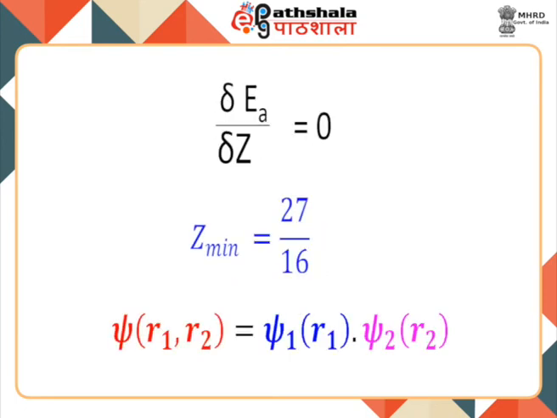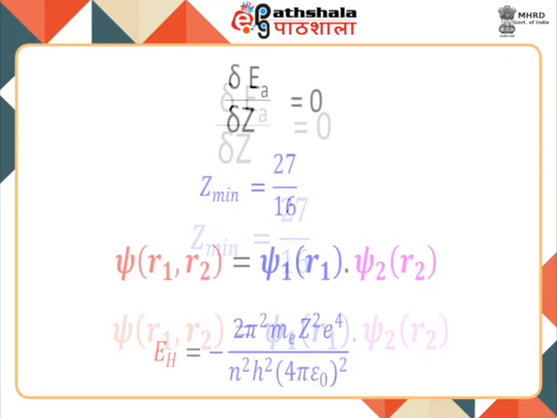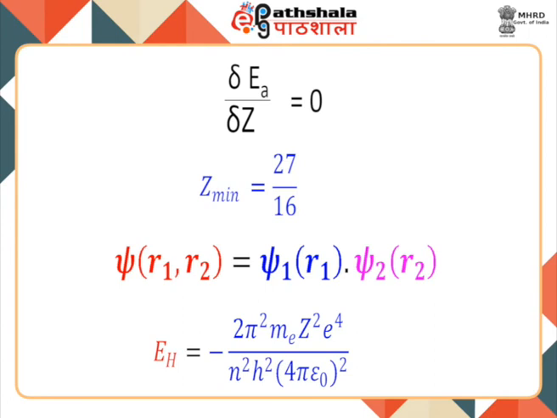Psi naught is equal to psi 1 r1 into psi 2 r2. Since energy is an additive property, it means on ignoring interelectronic repulsion, helium atom energy becomes sum of energy of two hydrogen atoms. The energy of hydrogen atom is given by equation 19a with Z is equal to 1.